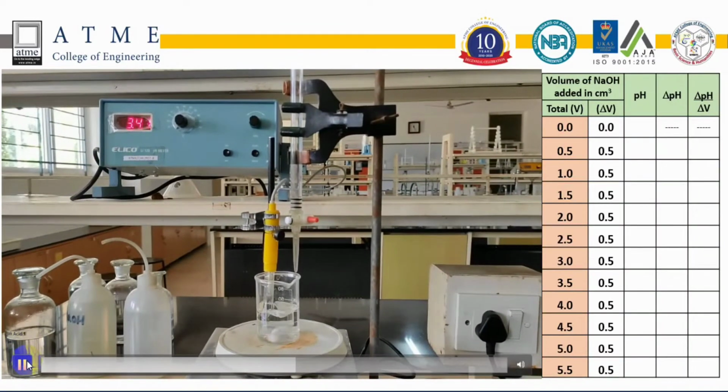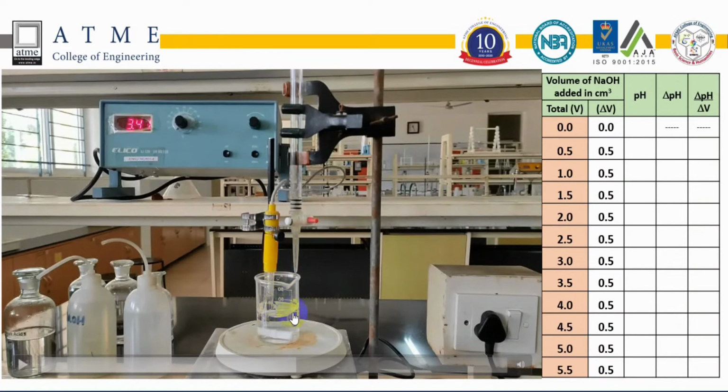The pH will increase. The reason is that the acid concentration is gradually decreasing due to the formation of sodium acetate, that is the salt. So the acidic medium is decreasing, hence the pH increases. After each addition of 0.5 ml of NaOH, acetic acid is converted into sodium acetate.